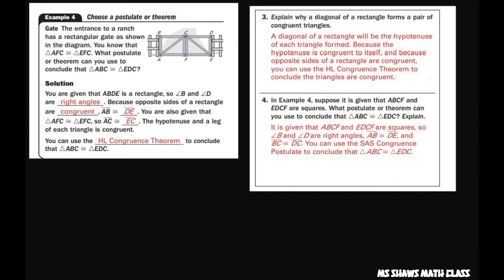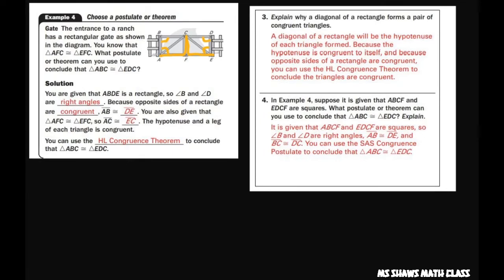And finally, what do we have? All right. It says the entrance to a ranch has a rectangular gate. So that means all these angles here are right angles. You know that triangle AFC is congruent to triangle EFC. What postulate or theorem can you use to conclude that the two triangles are congruent?